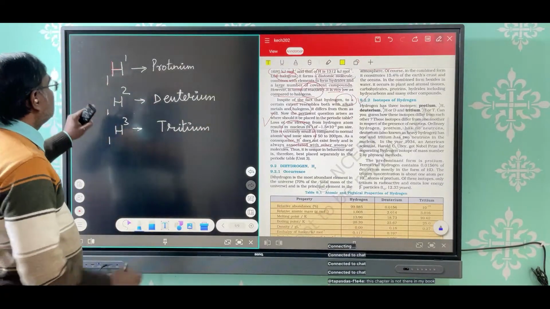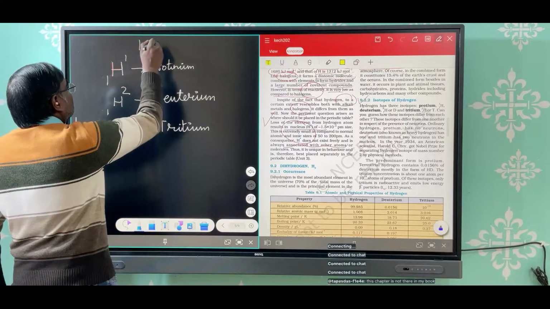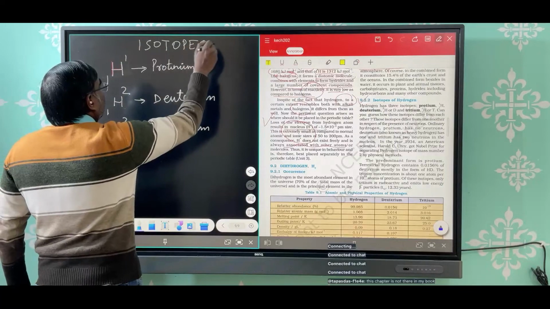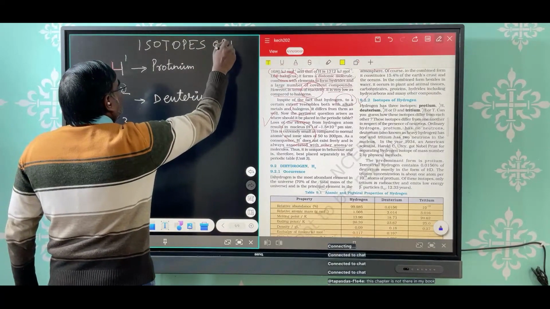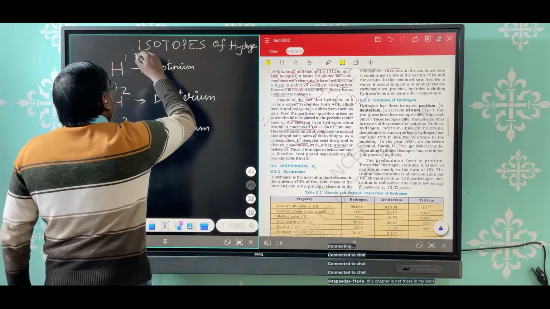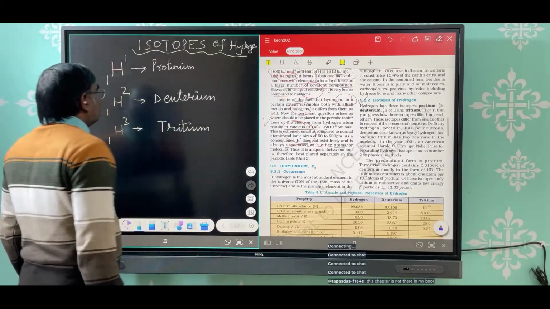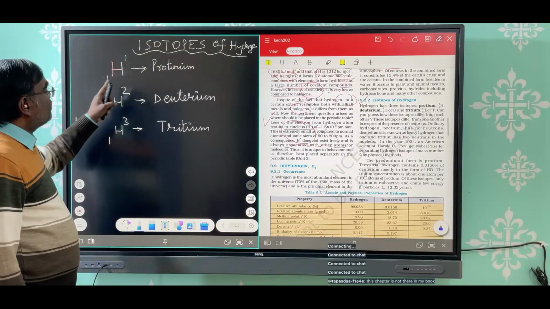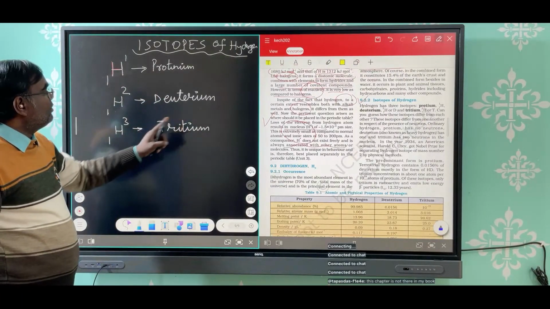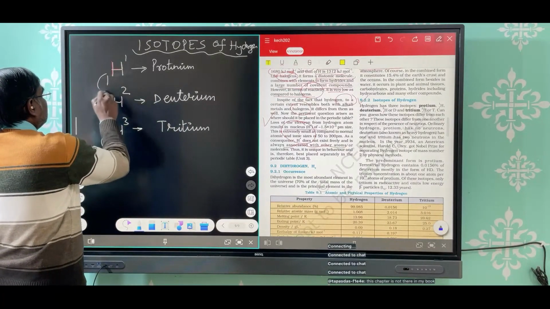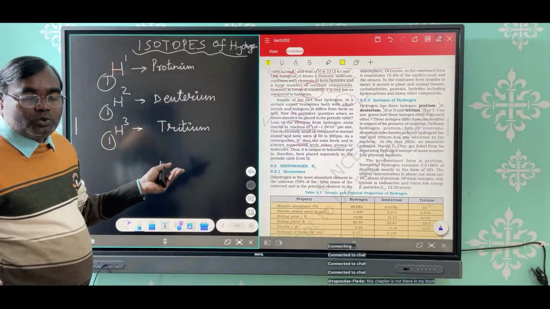So these are the isotopes of hydrogen. Now mind it: protium, deuterium, and tritium. The atomic number is the same for all. That's why they are isotopes.